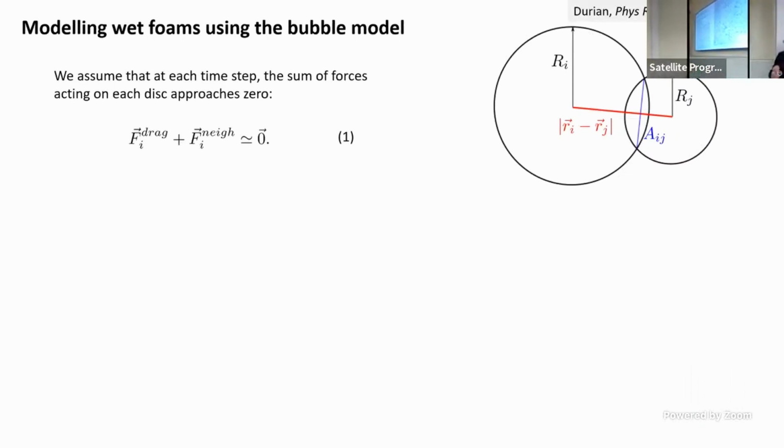But some time has passed here, and there are a couple of examples where the tessellation has changed as a result of that evolution. And so that might indicate the starting point of a T1 process, a neighbor switching, but in itself, it doesn't represent a T1. So change in tessellation doesn't quite do the job for us.